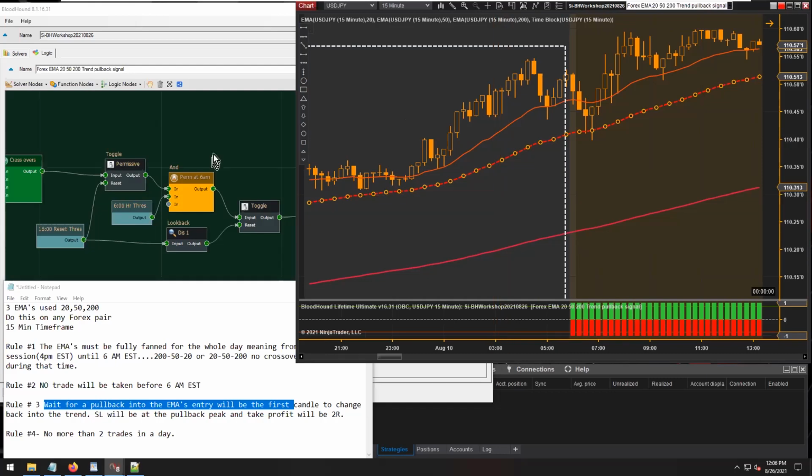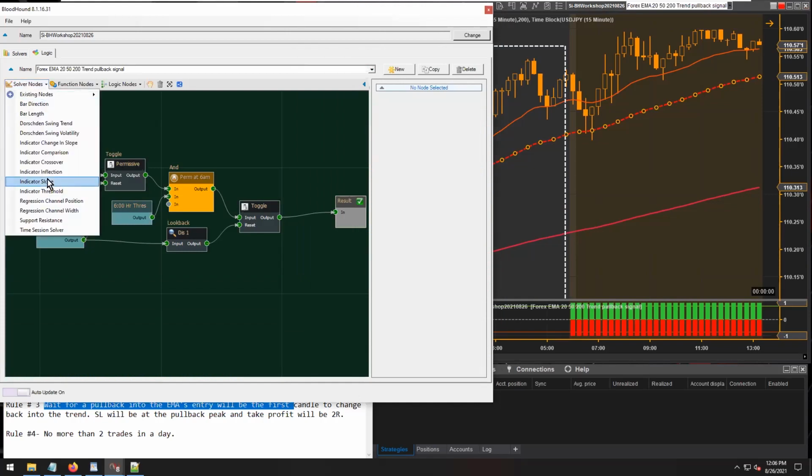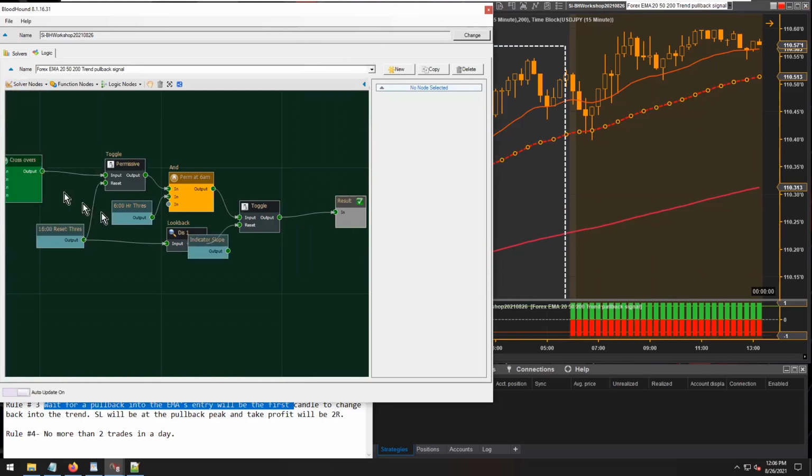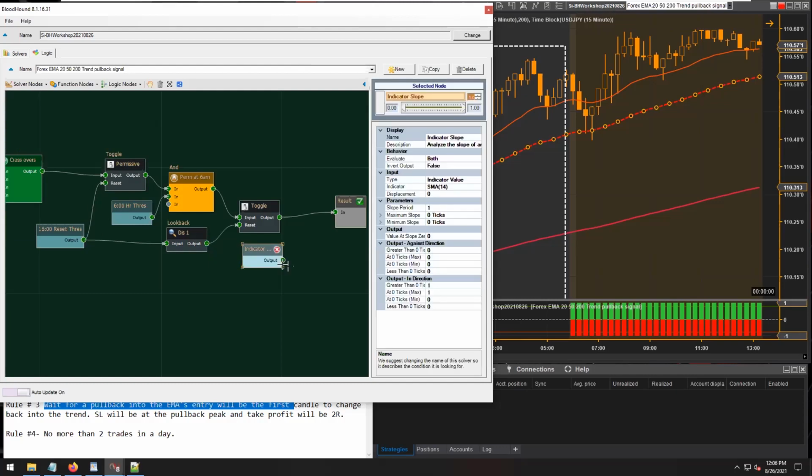So what I'll do, I'm going to grab a slope solver here, and we're just going to look at the 50 EMA slope. And that will filter out the trade signal direction for the day.